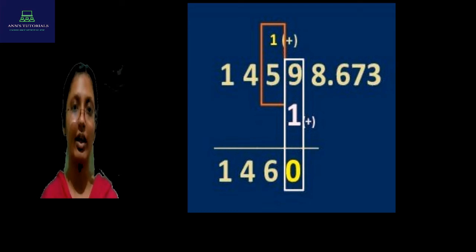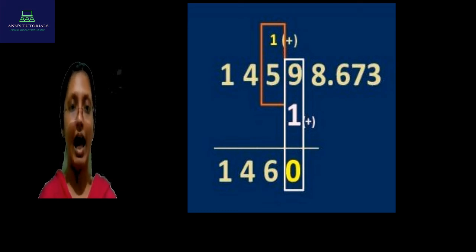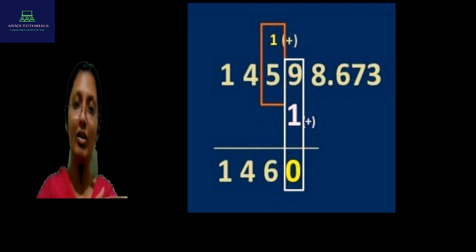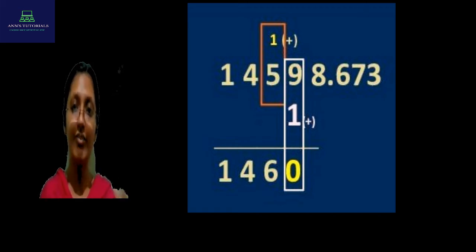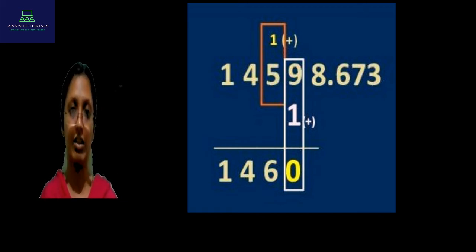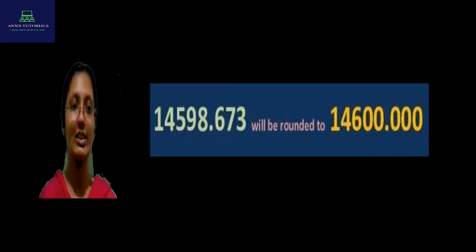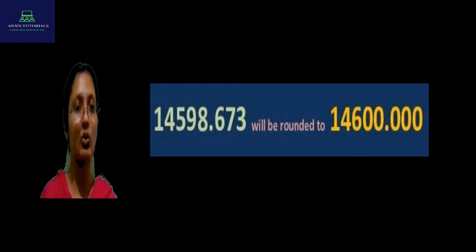We will put 0 in the tens place, and we will add 1 to the number which is to the left of 9. So we will get the number 1460. Then we will replace all the smaller number places with 0. So we get 14600.000. This way, 14,600 will be the number rounded to the nearest 10.